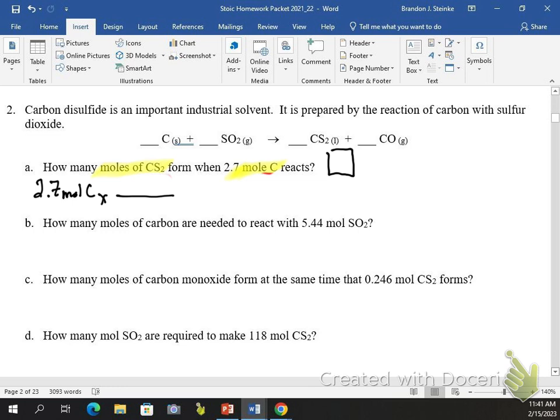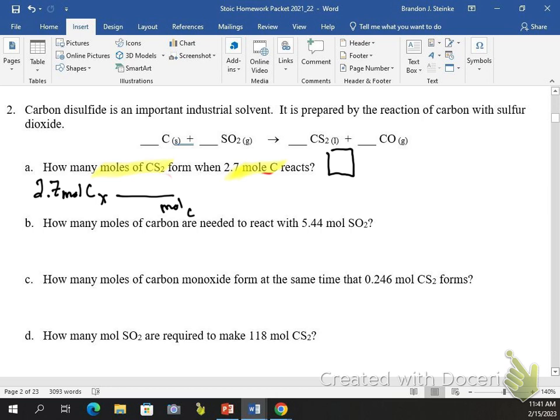Well, what needs to go on the bottom of my very next step? Moles of carbon. But now here's the problem. We're in moles of carbon. How am I ever going to get into carbon disulfide? Well, how did we get from cake to butter, or butter to cake?